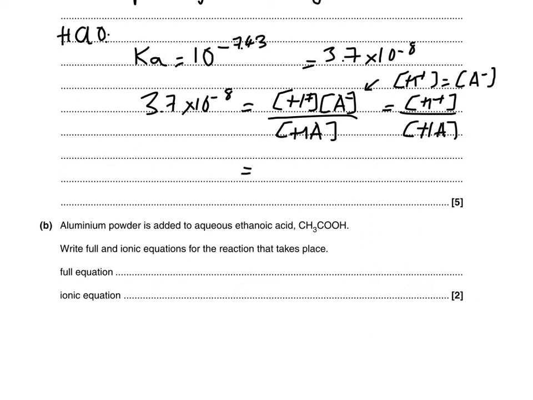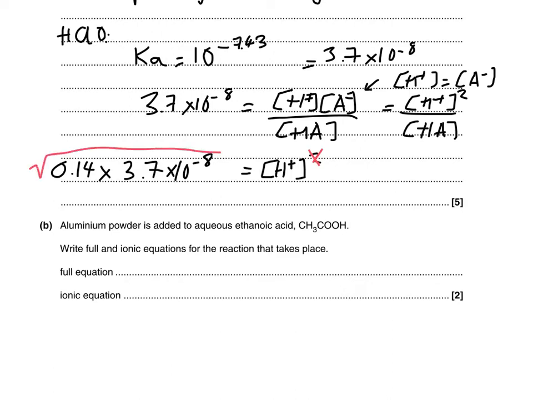So that gives us H plus squared equals 3.7 times 10 to the minus 8 times the initial concentration, 0.14, and then to get our concentration of hydrogen ions we need to square root.